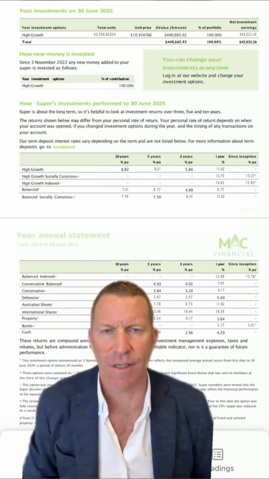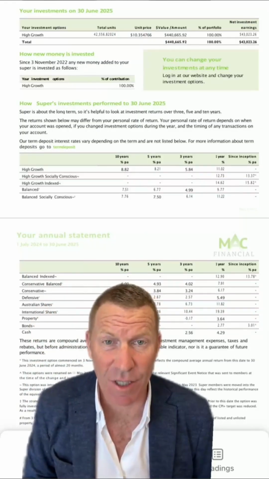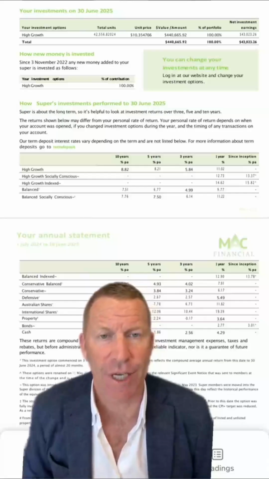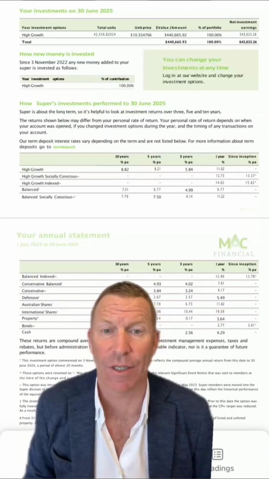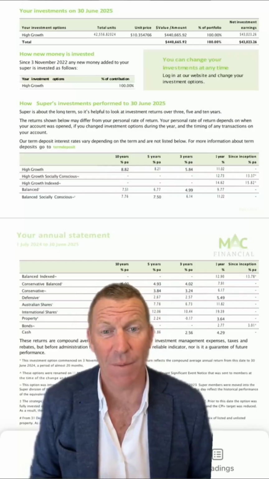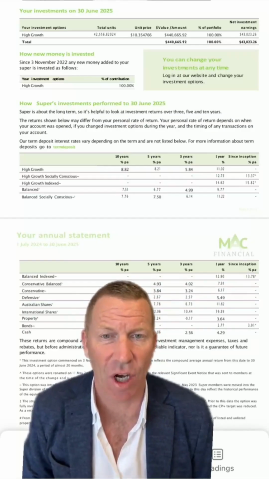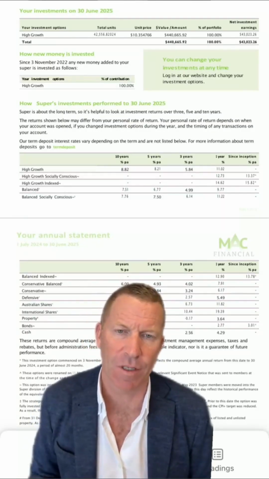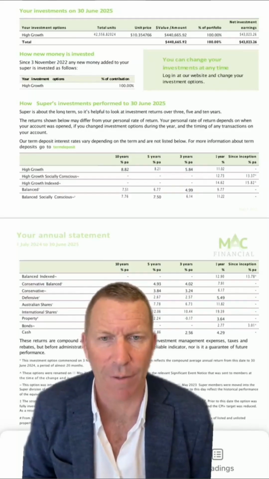Up here, you can see it's giving a bit of information around a 10-year return, a 5-year return, a 3-year return, and a 1-year return. Generally speaking, a 10-year return is probably the best guide, because over a long period of time, they've demonstrated that they're able to perform in a reasonable way.